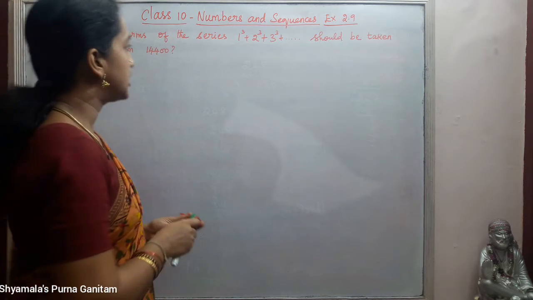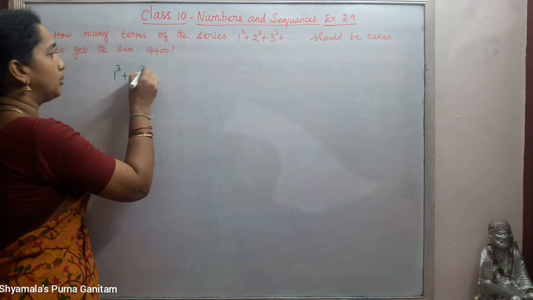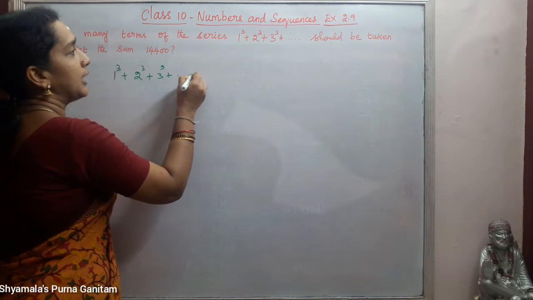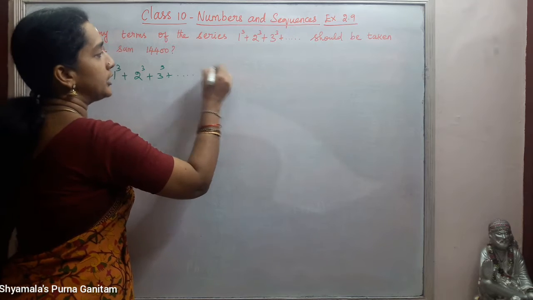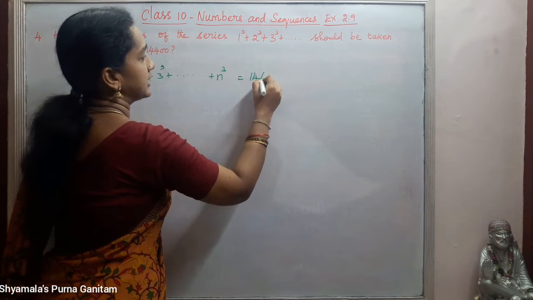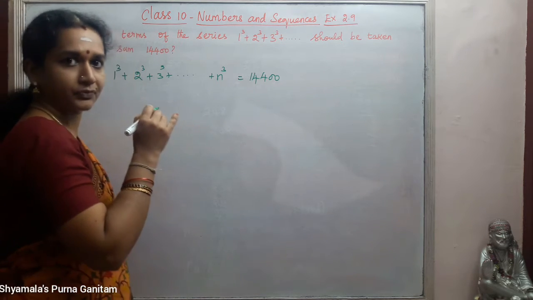14,400? Okay, so if we add cubic terms like this, that is 1 cube, 2 cube plus 3 cube plus up to n cube, how many terms we have to take so that we get the answer 14,400.